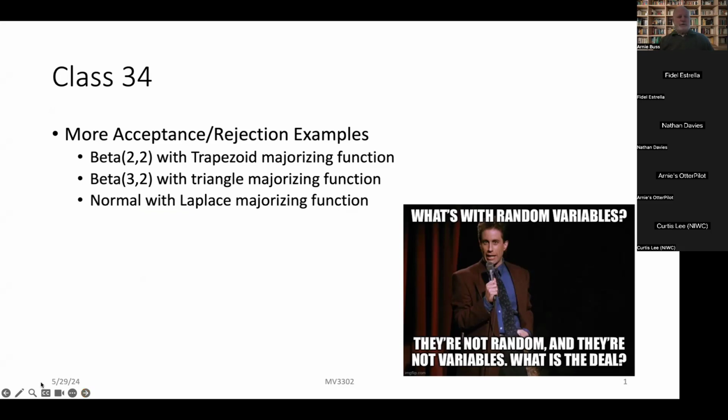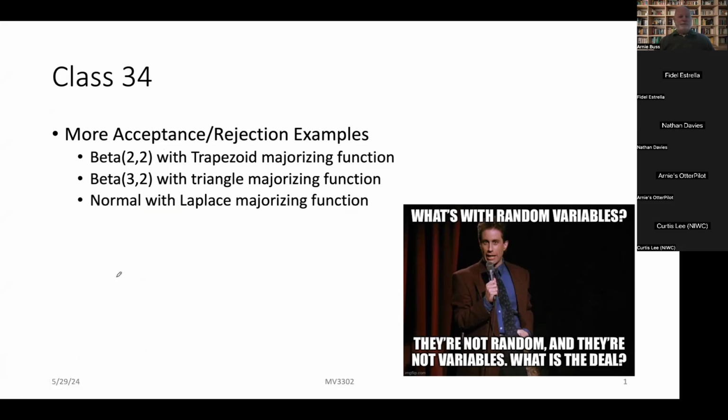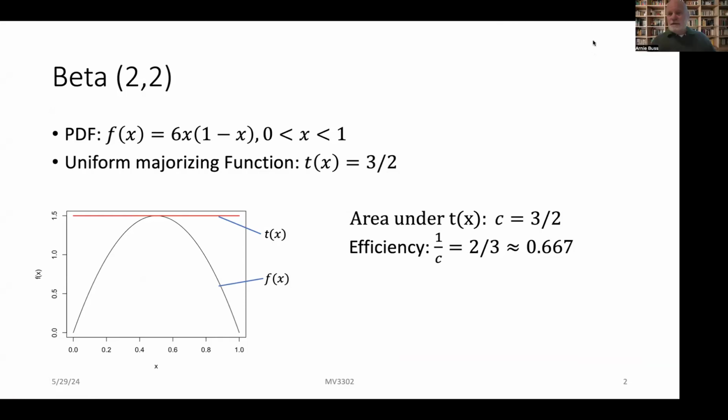And it's a nice way to illustrate this acceptance rejection method. So first, we're going to look at the beta distribution with two parameters, alpha 2 and beta 2. So here's the full-blown thing. The beta distribution in general is 1 over the full beta function. There's a thing called the beta function, which is related to the beta distribution.